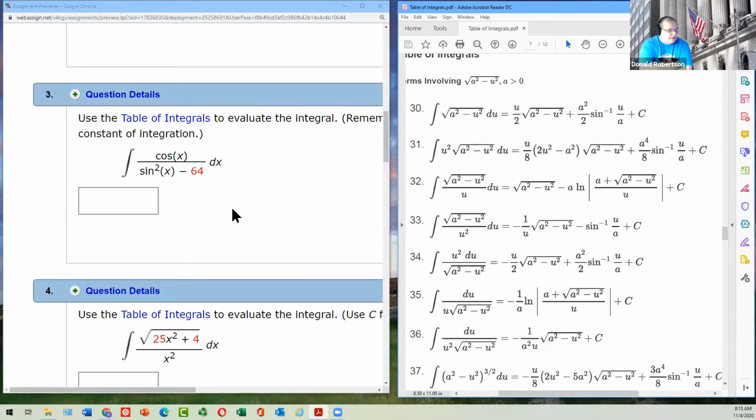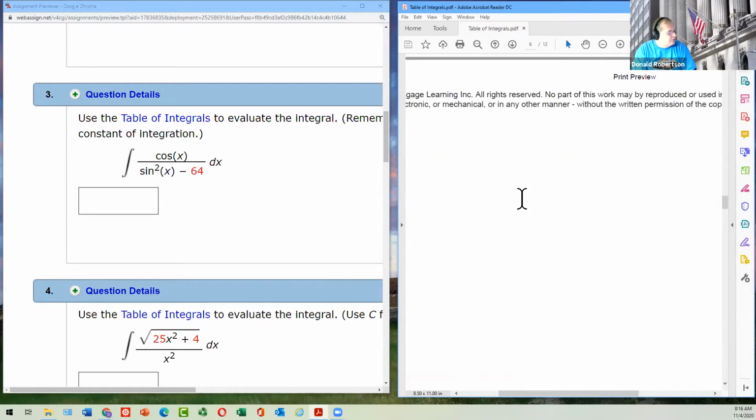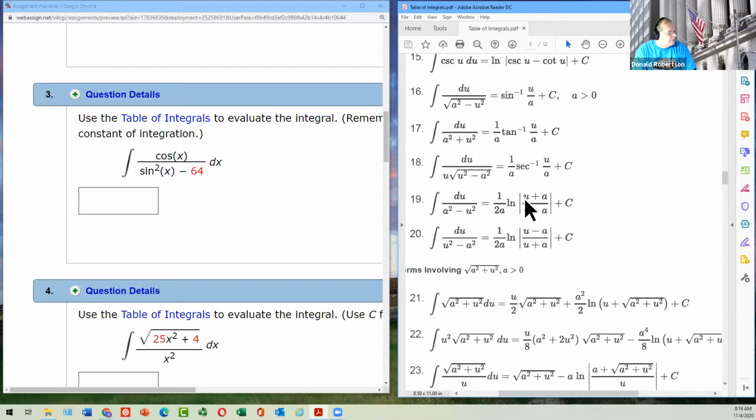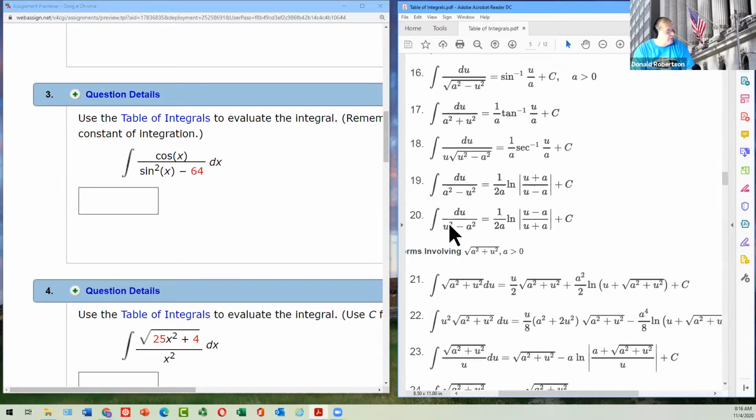That's what you'll get. Then don't you go looking for a table that tells you how to get the integral of 1 over u squared take away 64, right? It'll probably be called 1 over u squared take away a squared. And if I go hunting for it, I might be able to find one. And there we go. It'd be number 20 that I would use.